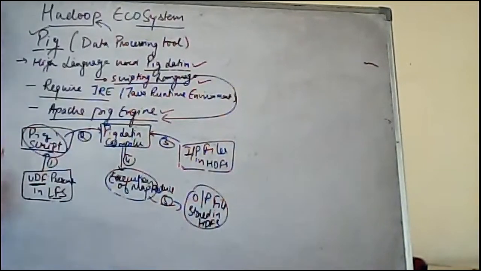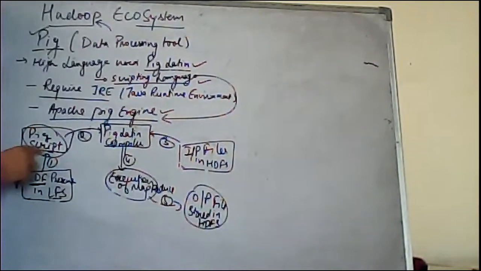Only those values or instructions will be accepted, that is a Pig script. The other values or instructions will be rejected. Only a Pig script will be accepted. That is the first step.